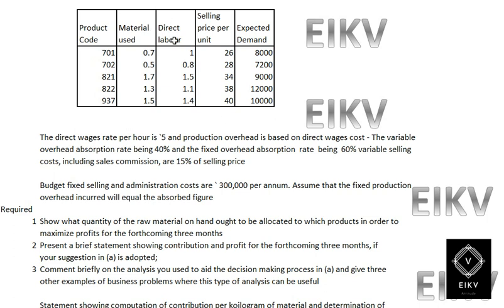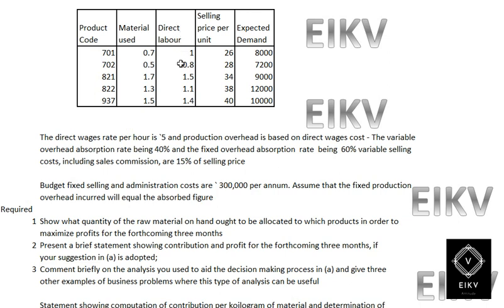Product, material used per kilogram, then direct labor hour, selling price per unit, and expected demand. So the products are 701, 702, 821, 822, and 837.